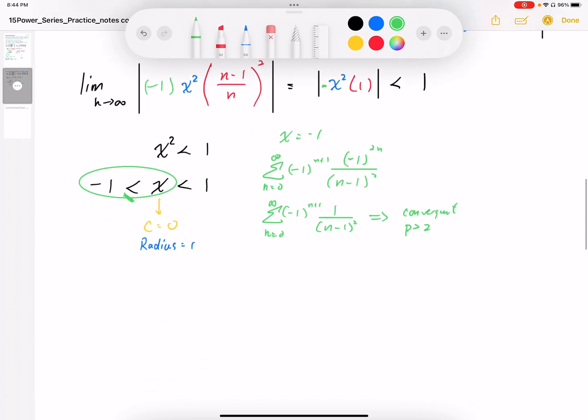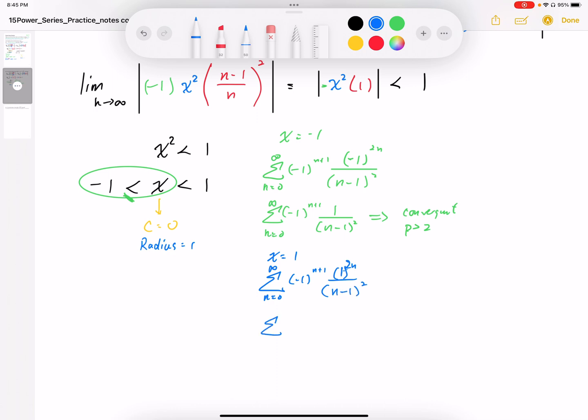We can then move on to the other side. When x is equal to 1, my series then looks like this: n equals 0 to infinity, -1 to the n plus 1, and we get 1 to the power 2n. That's always going to be just 1 anyways, and we end up with n minus 1 squared.